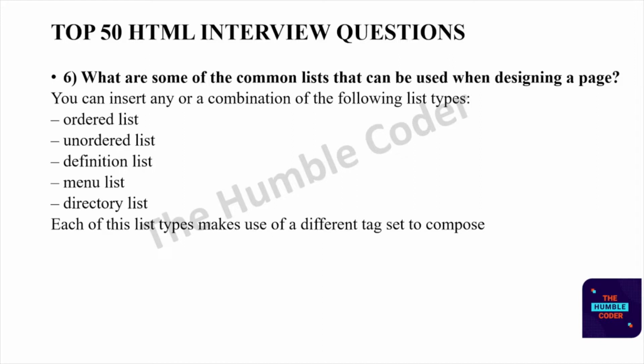You might have used ordered and unordered lists, these are some of the very common lists, right? In ordered list we have numbers displayed in the list, and in unordered list we have content displayed by bullets. So these are some of the common types of list in HTML. Moving on to the next question now.